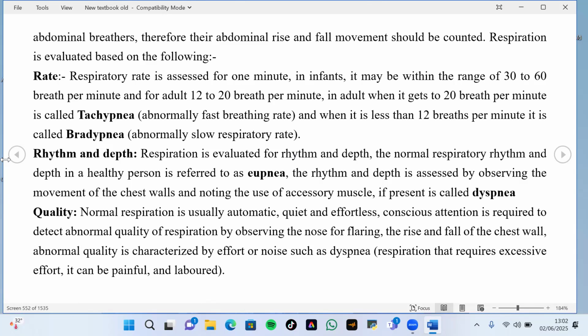So when someone is breathing and you see the person using the accessory muscles to breathe, that is known as dyspnea, which is a sign of difficulty. We also assess the quality of the respiration, because we know that normal respiration is usually automatic and quiet without effort. So when the person is having labored breathing, something is wrong.